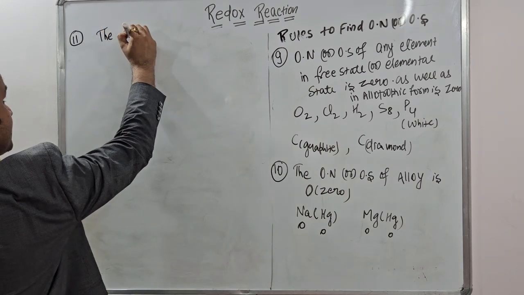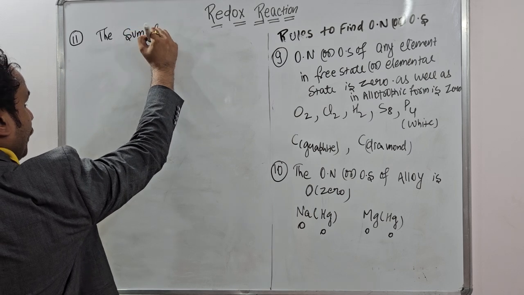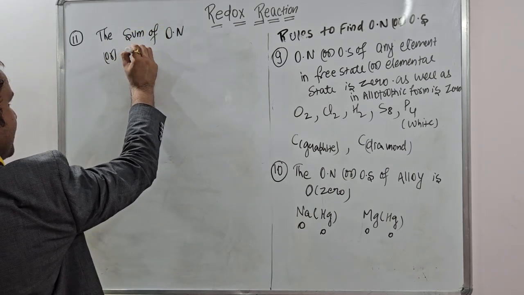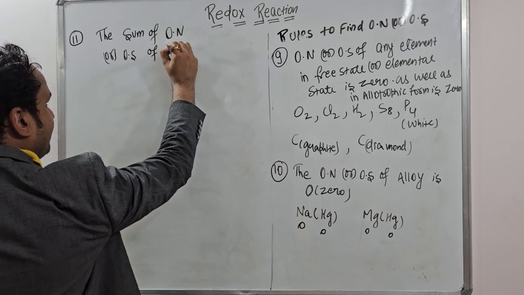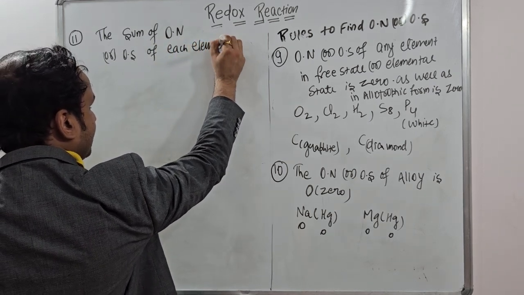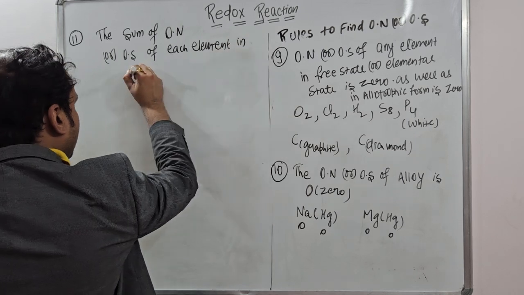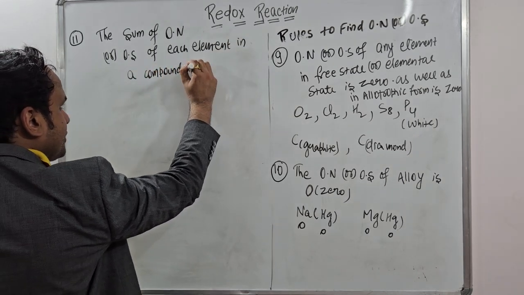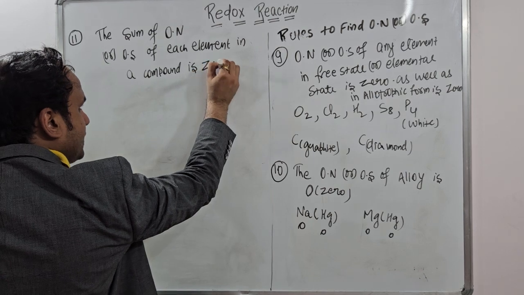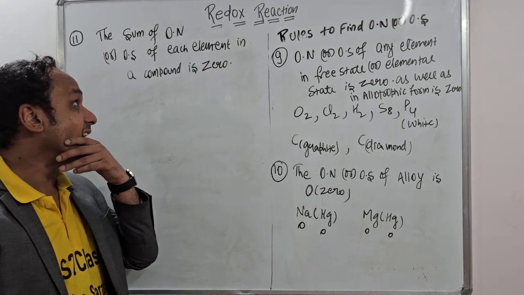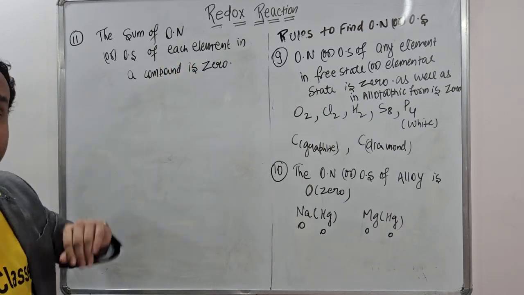The sum of the oxidation numbers or oxidation states of each element in a compound is 0.